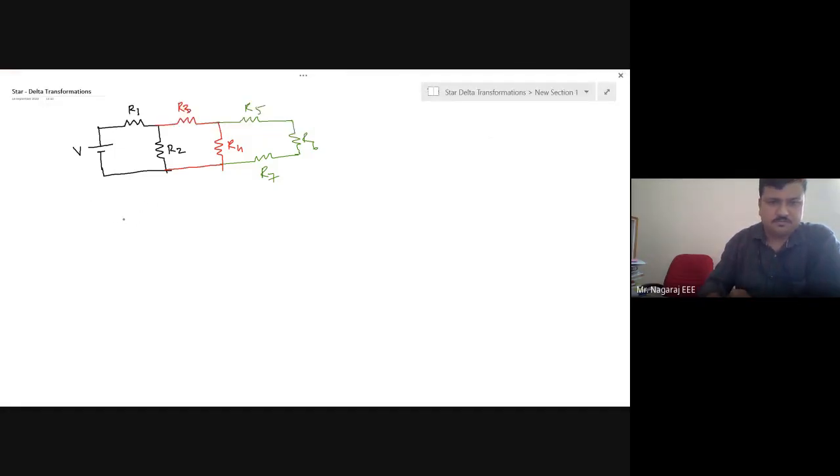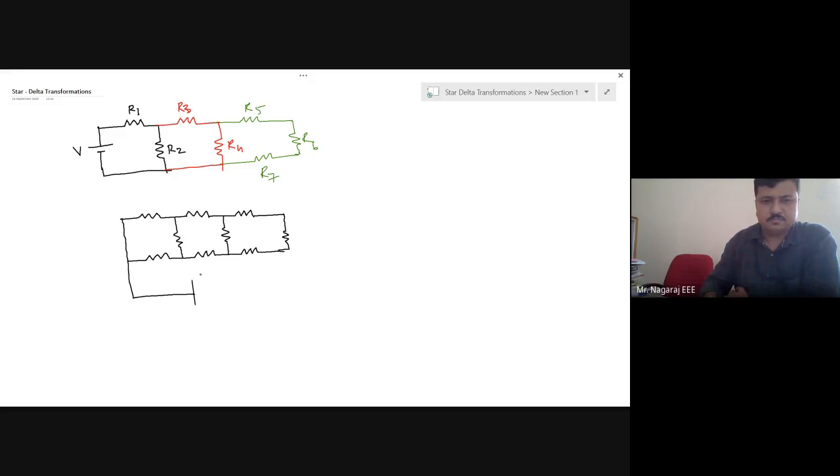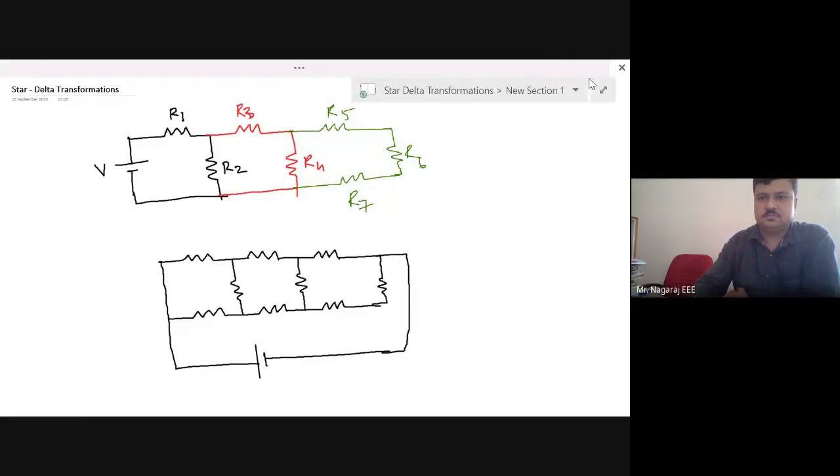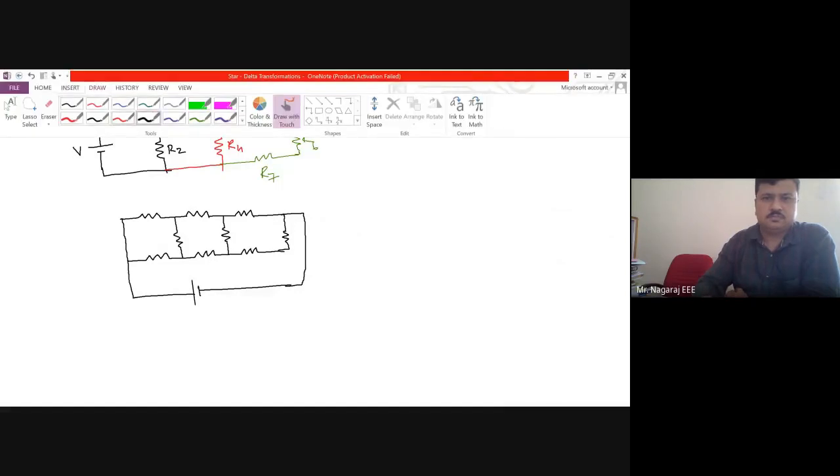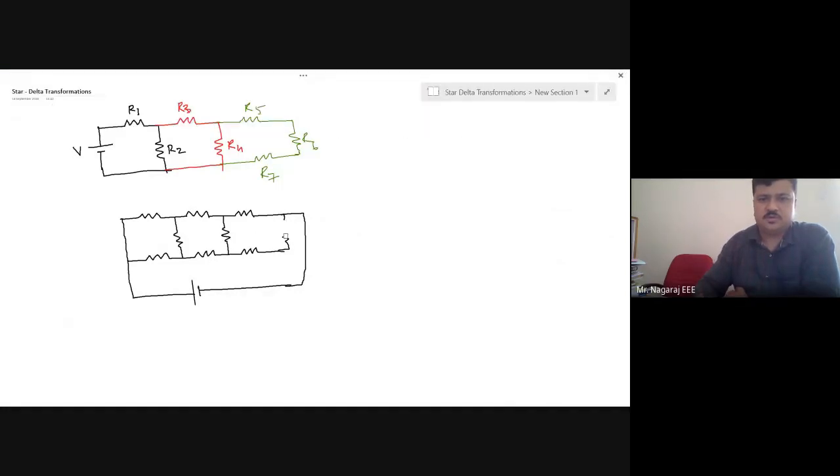Now, if the circuit complexity is in such a way that I have this circuit, now with this connection, let me simplify this.